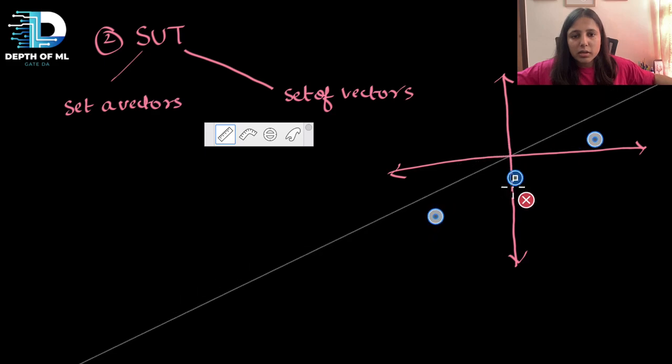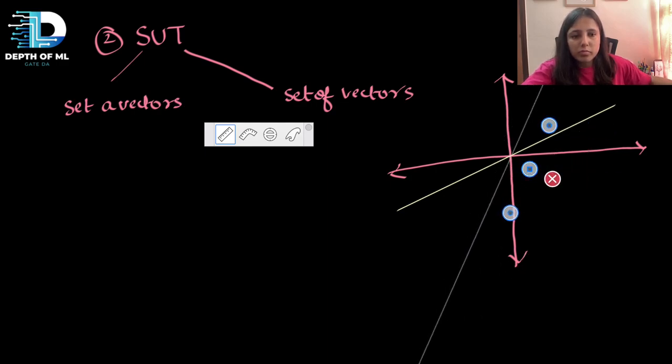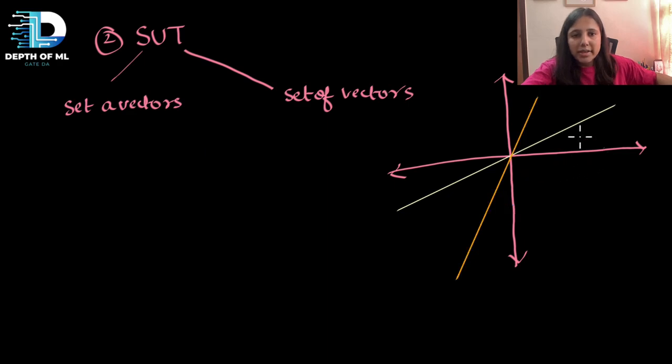Let's say this is your first subspace over here, this is S and this is T. Now what is the meaning of S union T? S union T means all the vectors which are on this line and all the vectors which are on this line.